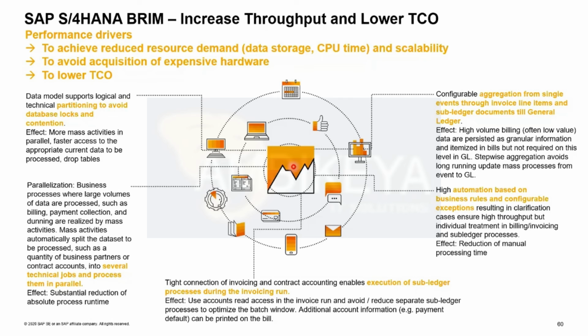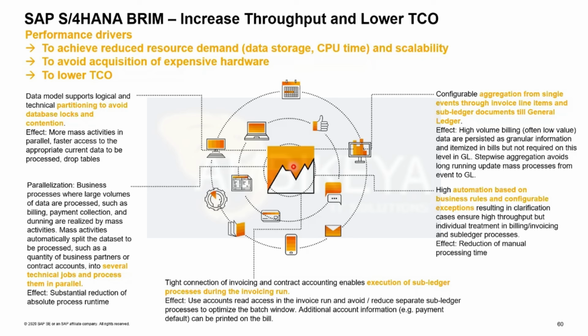On the right-hand side, we mentioned already that we are aggregating from the single event till we end up in the universal journal in general ledger or controlling. The effect is high volume billing, often low value, I mentioned also before. Data are persisted as granular information and itemized in bills, but not required on this level in the general ledger. Stepwise aggregation avoids long-running update mass processes from event to GL.